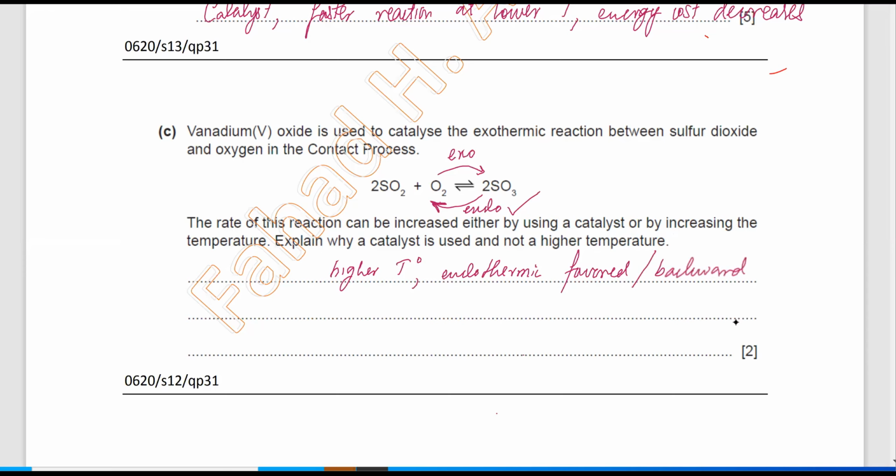If the backward is favored, the yield decreases, the output would be lesser. And that's not a good thing. So this is why a higher temperature is not used.